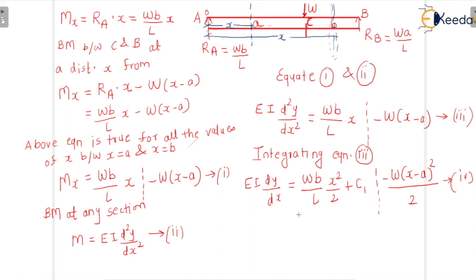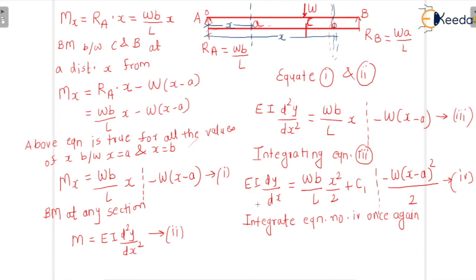Now again integrate equation number 4. Now it will become EI into y.